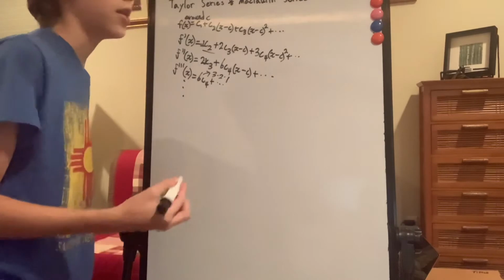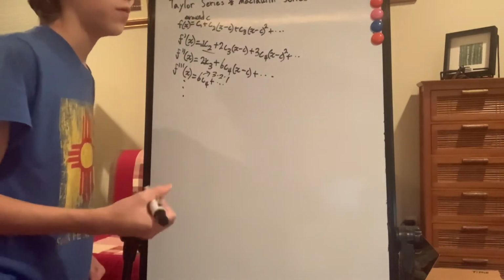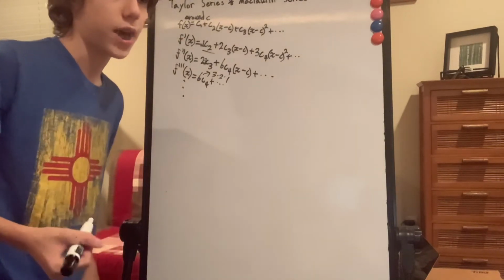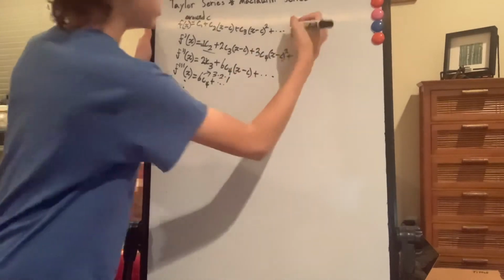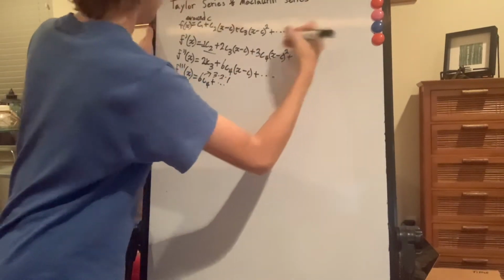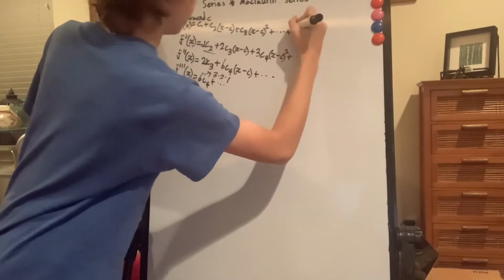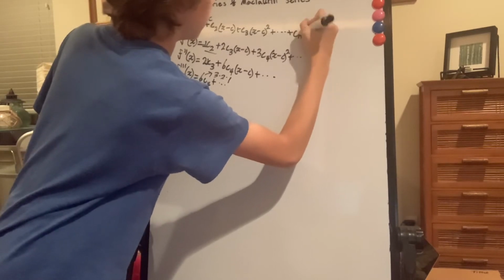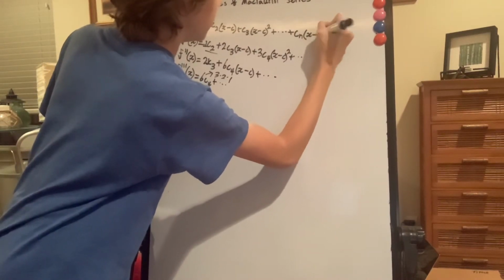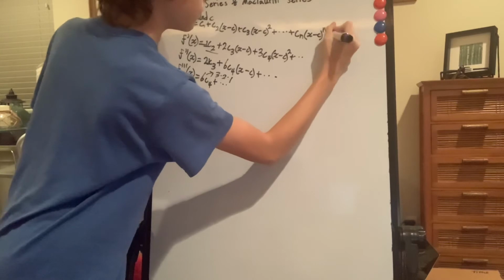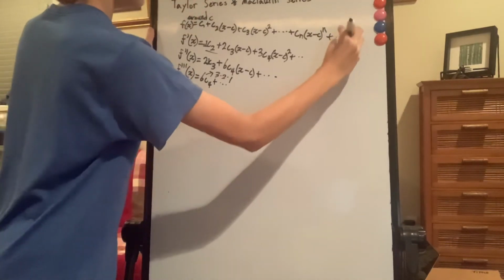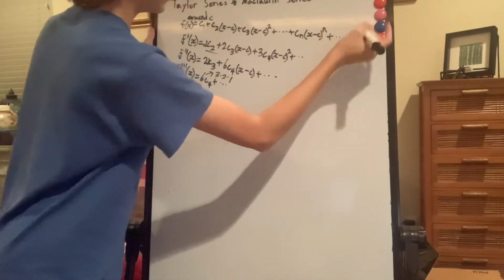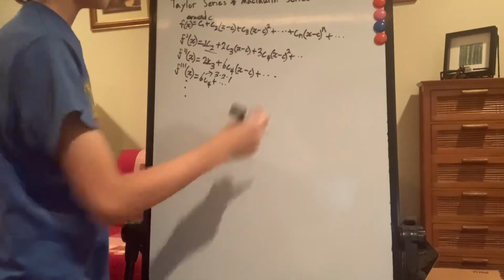Because the nth derivative of something to the nth power. So consider our nth term here. That would be c sub n of x minus c to the n, plus the n plus 1 term, and so on.